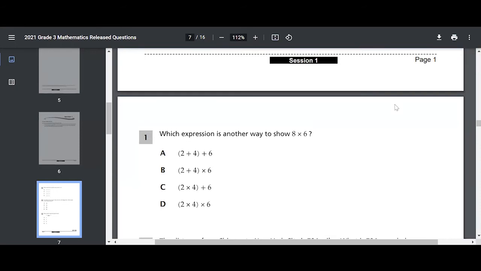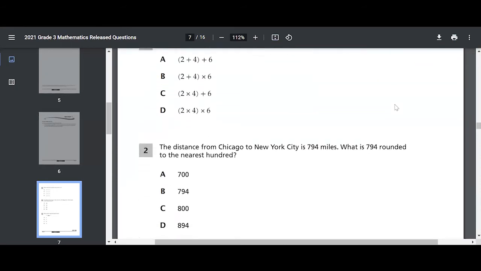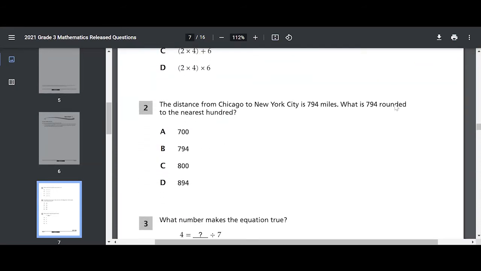As we continue to scroll down the page, we're looking at question number 2. Number 2 asks, the distance from Chicago to New York City is 794 miles. What is 794 rounded to the nearest 100? This is a place value question.